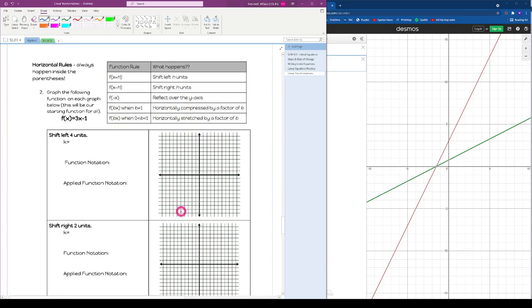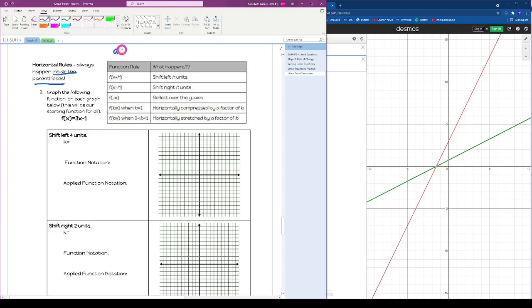We called those vertical rules. We're going to call this next set horizontal rules, and they have to do with changing the x value, not changing the y value. Just like our input and output on evaluating functions, input-based things happen inside parentheses. So input happens in the parentheses. You noticed all the things last time.